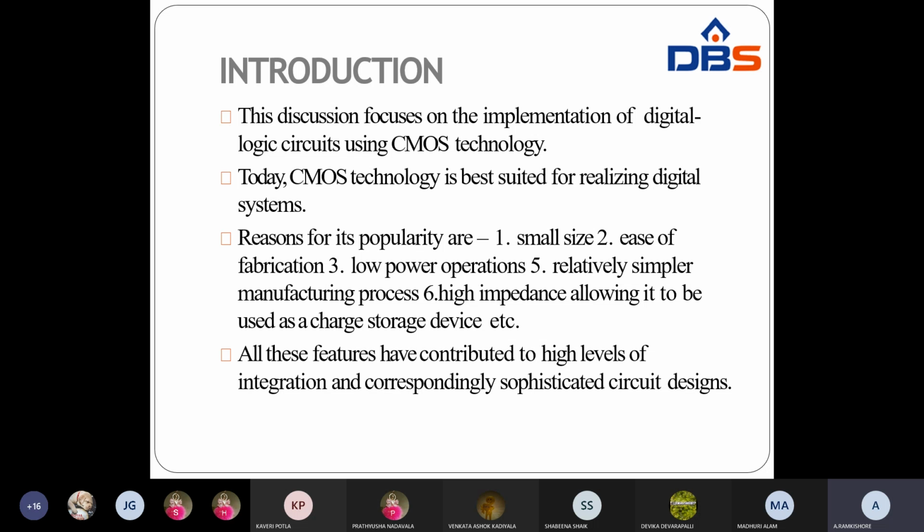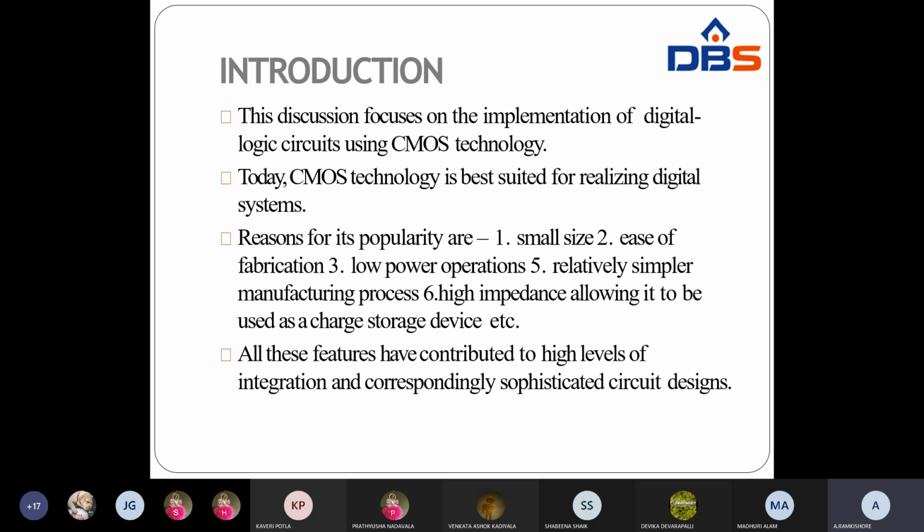When we design these circuits in a low power configuration, they consume very low power. Devices operated with a battery must operate at low power, and that is possible only with CMOS technology.